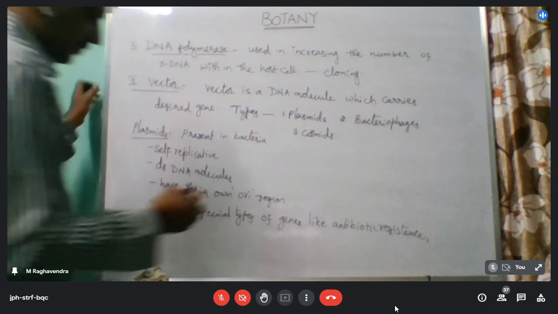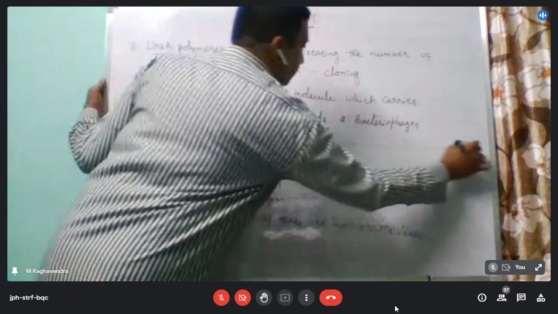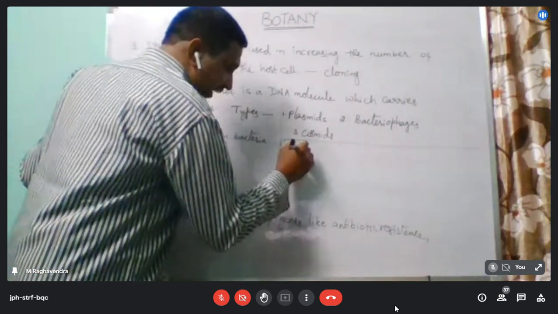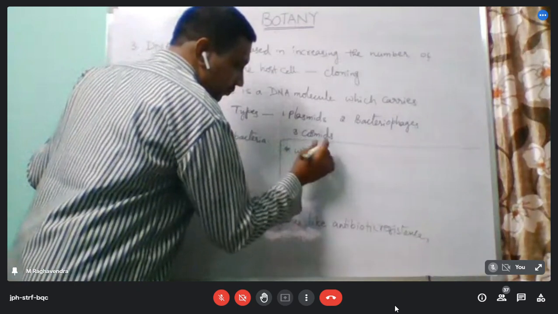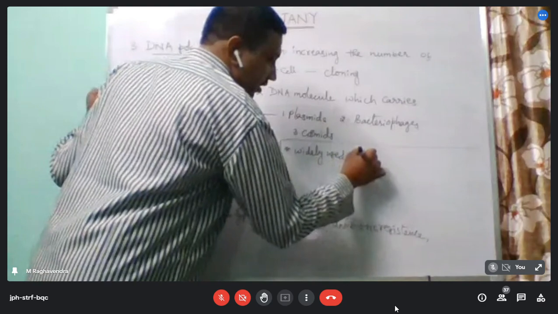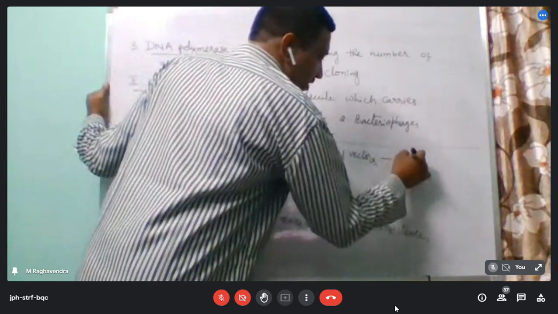They are very important. Some points I have to write because they are all very important for examination. Widely used vectors in recombinant DNA technology are plasmids.